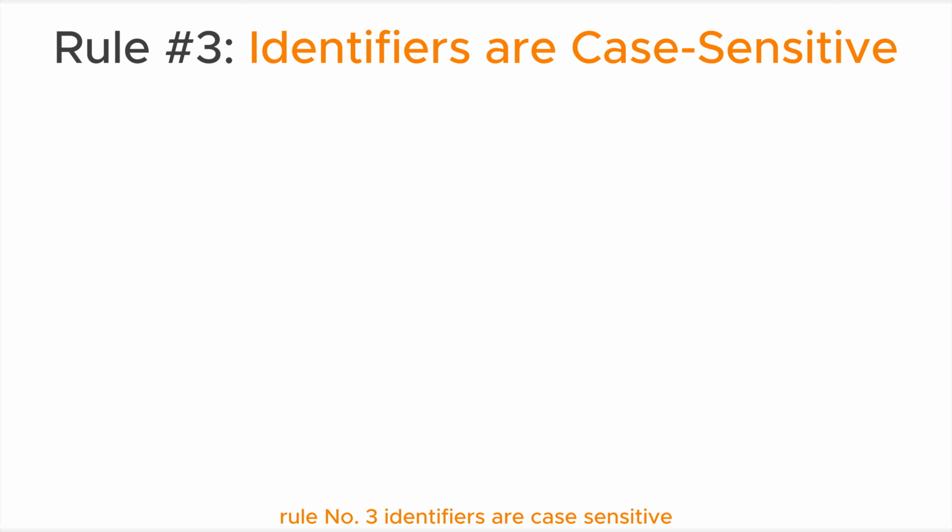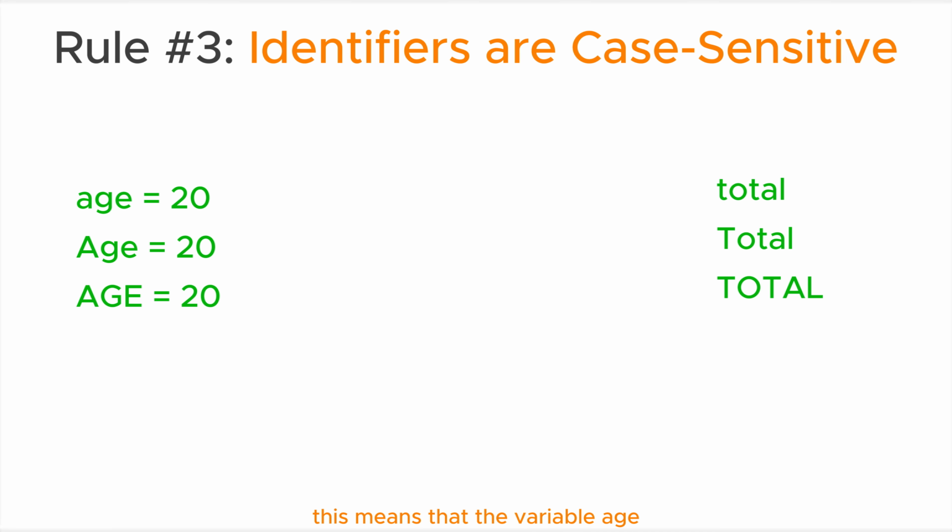Rule number three, identifiers are case sensitive. This is a critical rule. Python treats uppercase and lowercase letters as completely different. This means that the variable age, and the variable Age, and AGE like this, are three completely different and separate identifiers in Python.